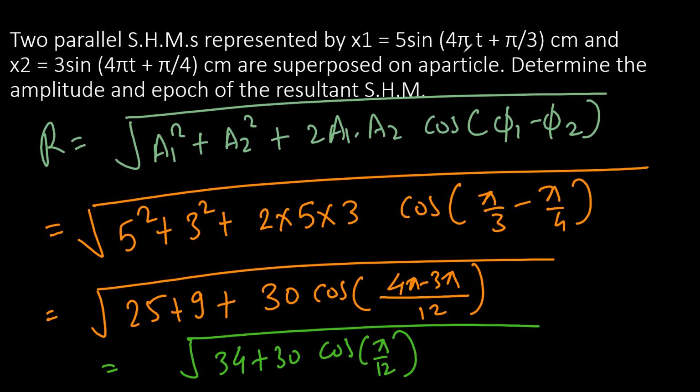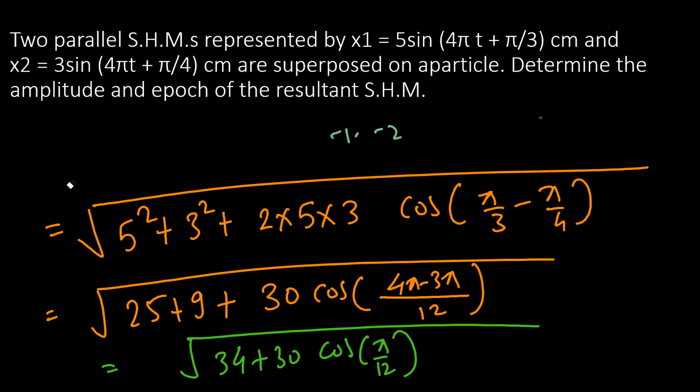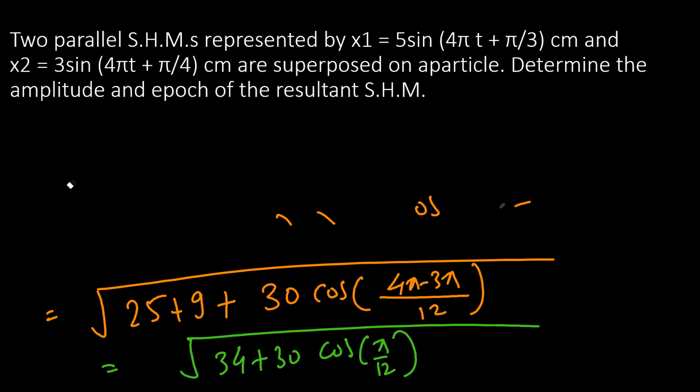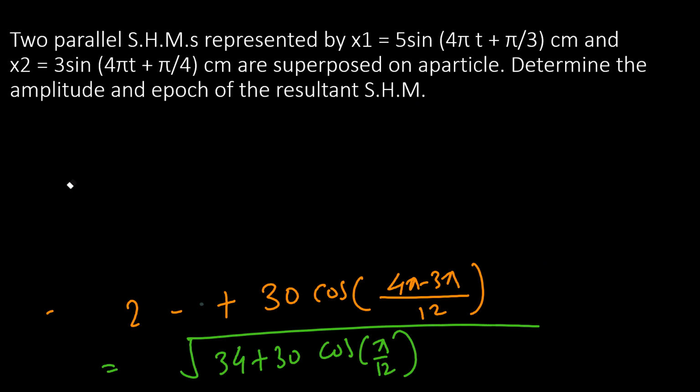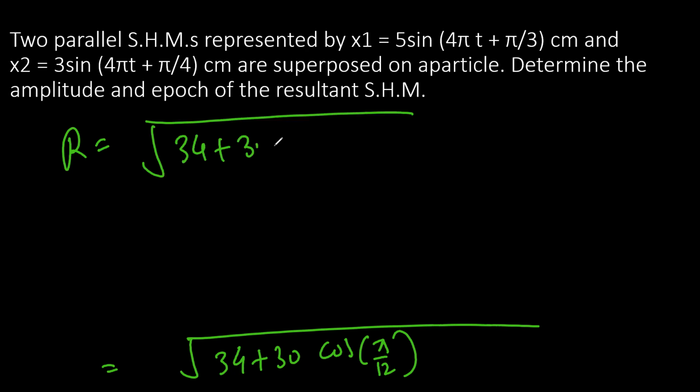So R is equal to the root of 34 plus 30 cos pi by 12. You have to find it out from the log table. The answer is 0.965.